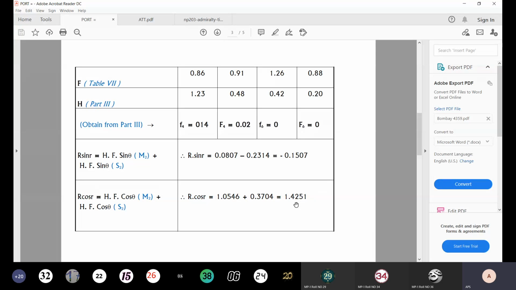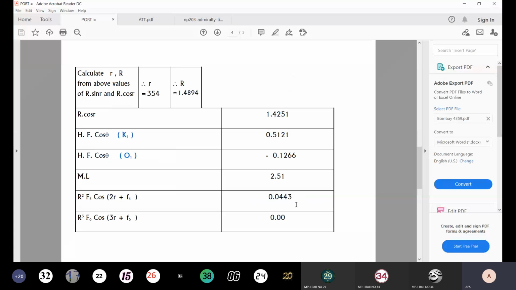That is the value of tan of small r. So what is r equal to? Inverse tan. So see, are you getting that small r equal to 354?